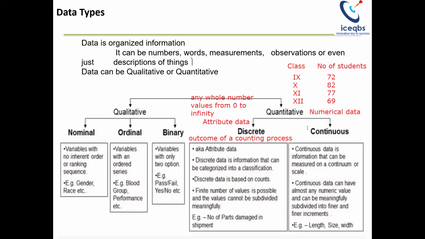Continuous data is also called variable data. That is the outcome of a measurement process.